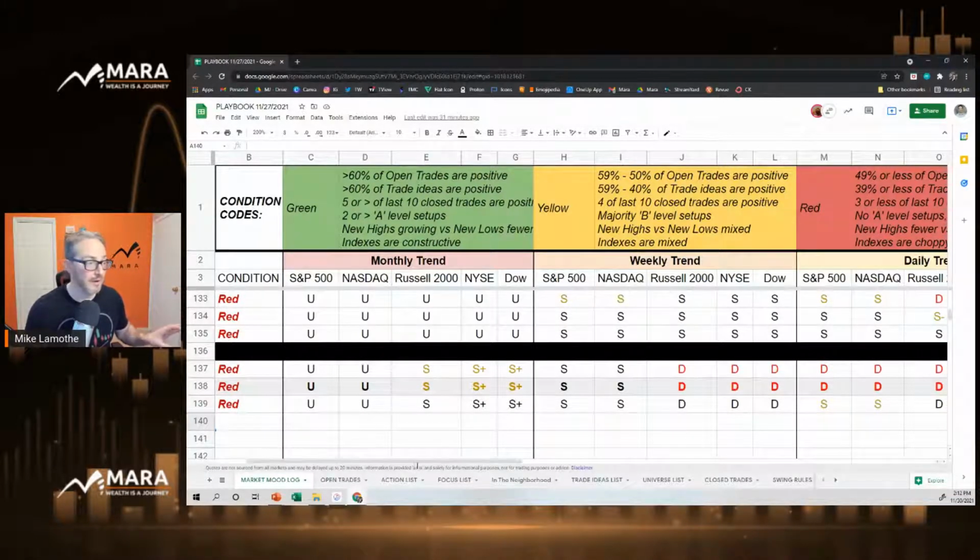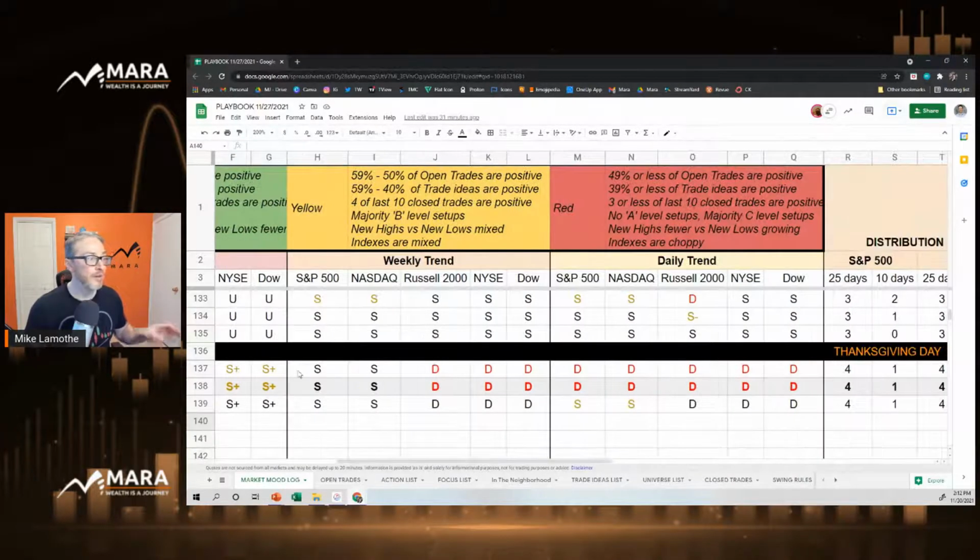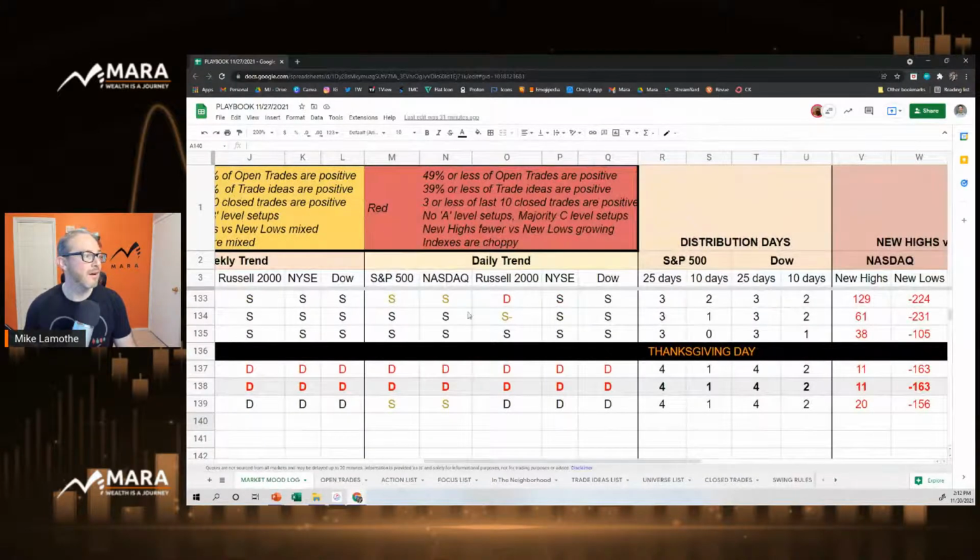That's on the monthly time frames. Then over here on the weekly time frames, we're starting to see sideways trends on the S&P and the Nasdaq, and downtrends on the Russell, NYSE, and Dow. And over here on the daily time frames, you're seeing sideways trends on the S&P and Nasdaq, and downtrends on the Russell, NYSE, and Dow again.